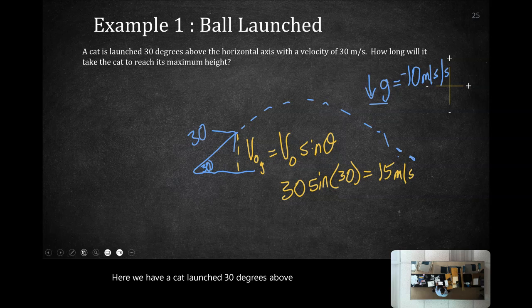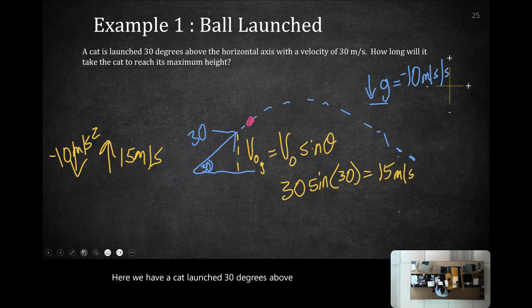So now this becomes just like those other free fall problems, where we try to figure out how long it is going to take to get to zero. If my initial velocity is 15 meters per second upwards, and my acceleration is in the opposite direction, negative 10 meters per second every second, then how long is it going to take?